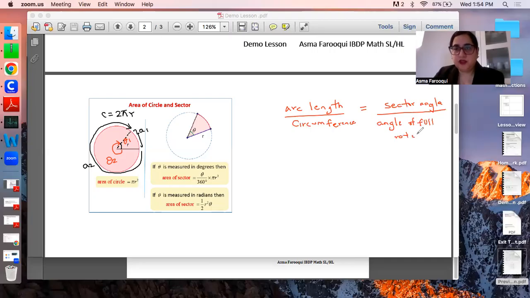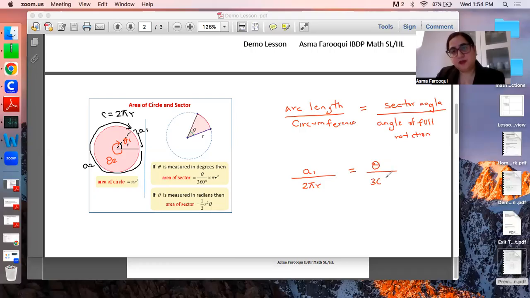Angle of full rotation is nothing but 360 degrees. So if my arc length is given by A1, and then circumference, as we know, is 2 pi r, equals sector angle theta, and then angle of full rotation is 360 degrees.